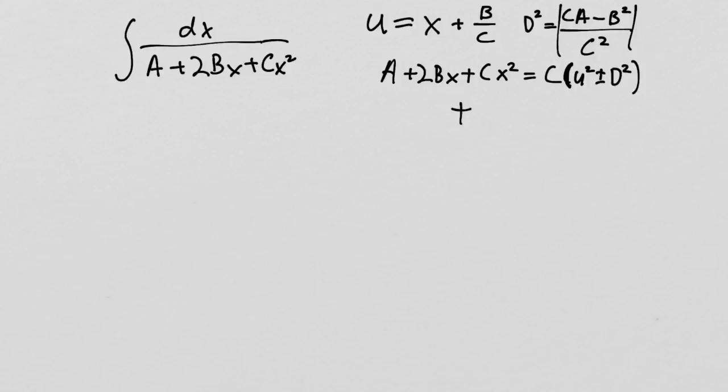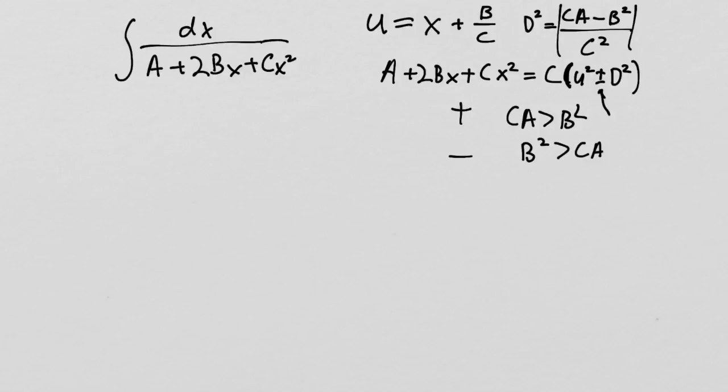The plus version comes if we have ca greater than b squared, and then the minus version will have b squared greater than ca, right? And that's where we'll choose between this plus and this minus.